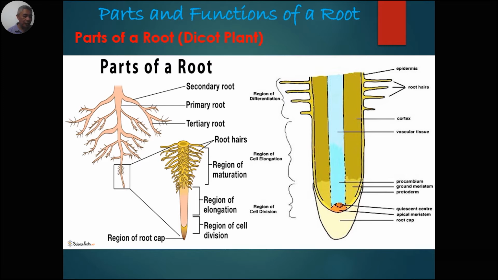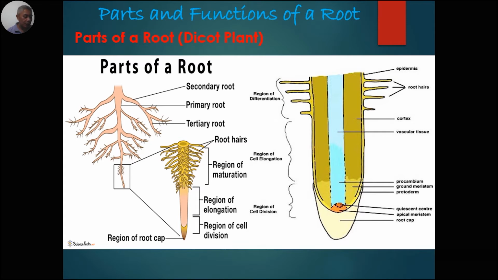These cells divide actively, and the meristem at the apex consists of the dermatogen, the outermost layer.